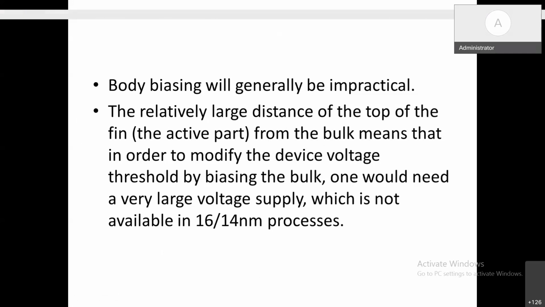They say that we may require a large supply voltage which may not be available in 16 or 14 nano, because in the 16 or 14 nano process we will probably be going for a supply voltage of less than 1 volt. So 0.7 or 0.6 volts will be used. That will not support this bulk biasing. So this is also a challenging task.